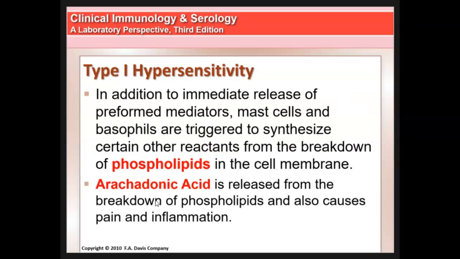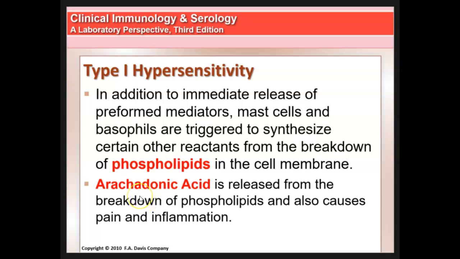In addition to immediate release of preformed mediators, these mast cells and basophils are triggered to synthesize other reactants from the breakdown of phospholipids in the cell membrane. Arachidonic acid is released from the breakdown of phospholipids and causes pain and inflammation. It's very similar to what's found in hot peppers.